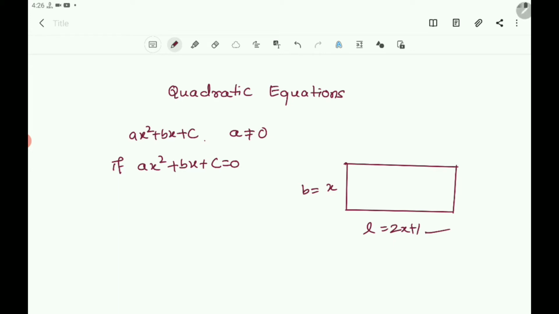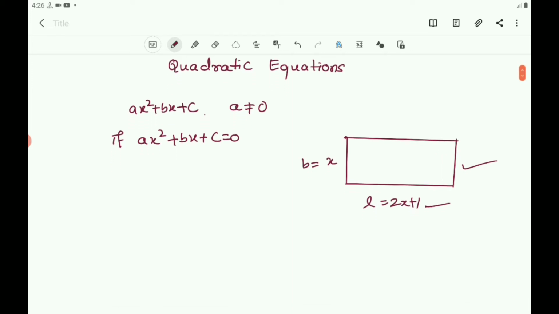We can depict this information pictorially this way. Now you know the formula to find the area of a rectangular shape.